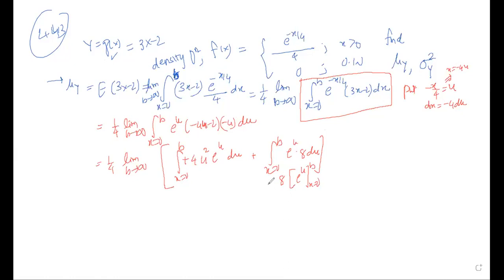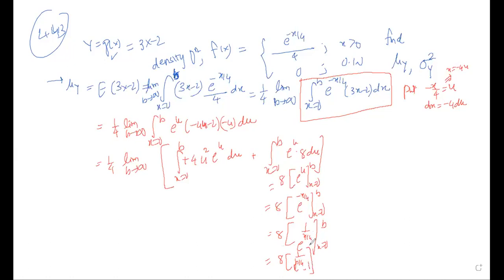You can replace this u, so that is equal to 8, and here e to the power negative x by 4 and x is equal to 0 to b, and that is equal to 8 and 1 over e to the power x by 4 and x is equal to 0 to b, and this is nothing but 8, here it is 1 over e to the power b by 4 minus e to the power 0 is 1.